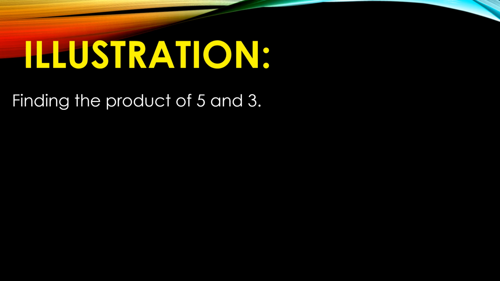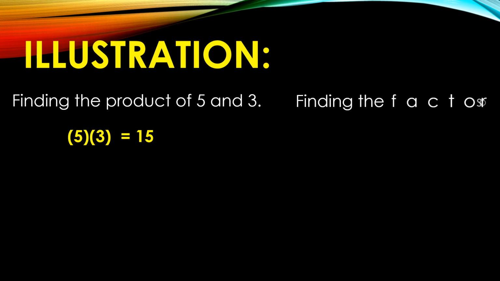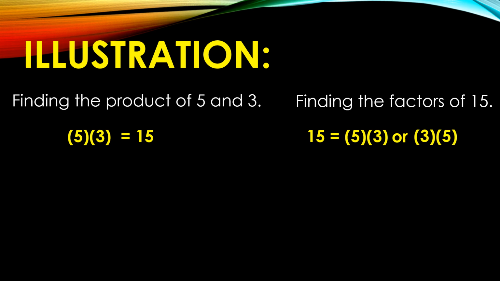Since finding the product means you multiply, 5 times 3 is equal to 15. Again, we say that multiplication is the opposite of factoring. So, if we are tasked to find the factors of 15, the answer must be 15 is equal to 5 times 3, or 3 times 5.